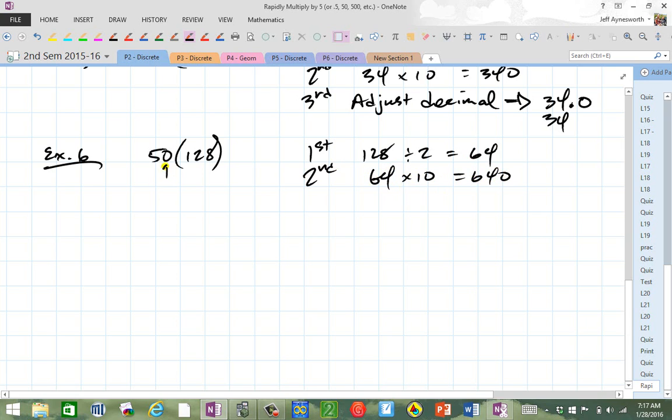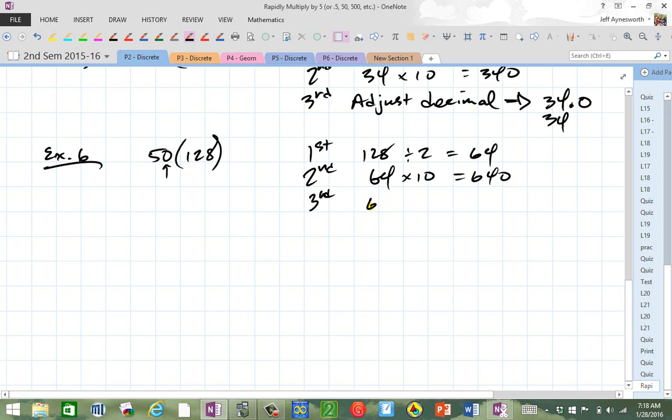But it's not 5, okay? It's 50, so you've got to multiply by 10 again, or adjust the decimal. So third, this is multiplying by 50, not 5. And of course, 50 is 5 times 10, so you've got to multiply by another 10. So you've got to adjust the decimal here. So the answer here is actually not 640, but 6,400.